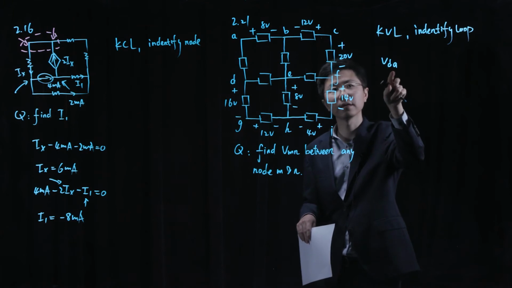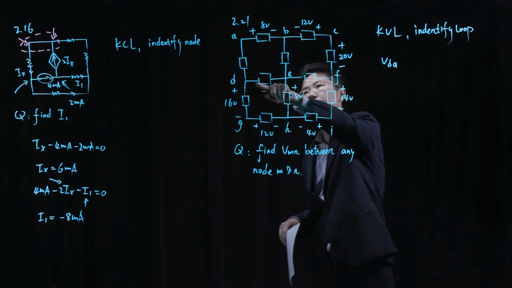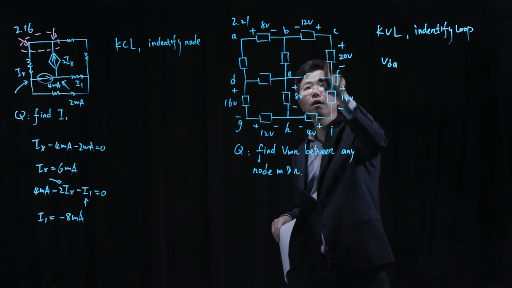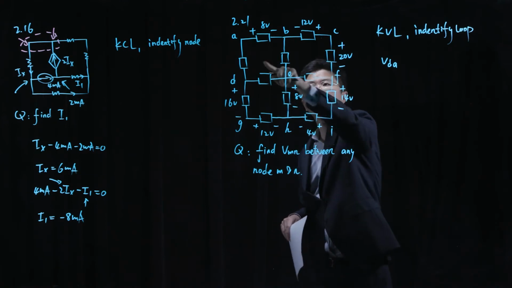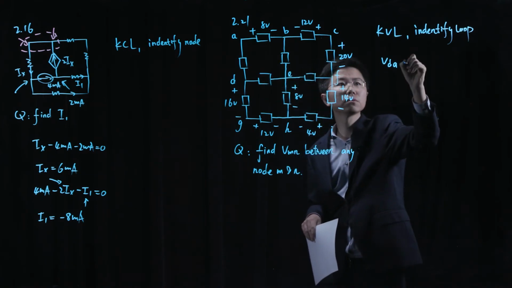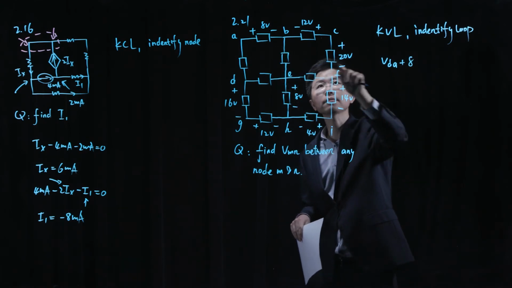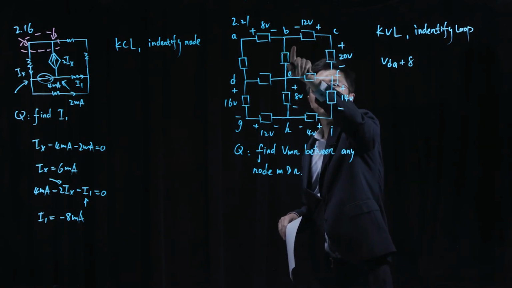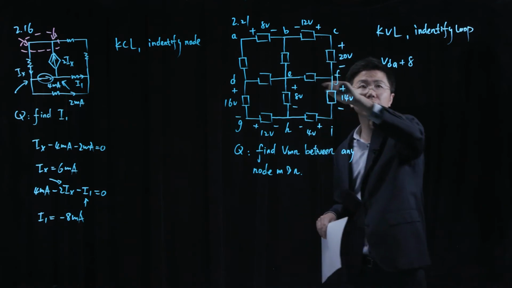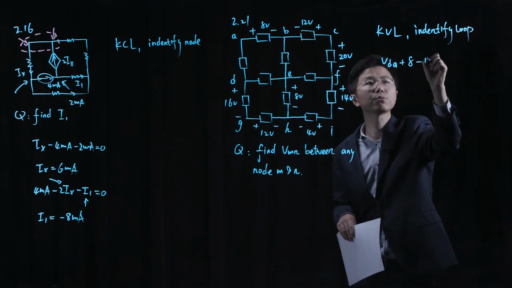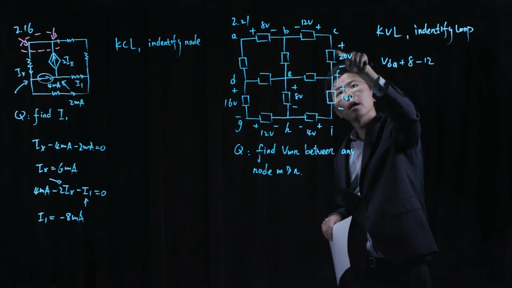So this is DA: D is the positive, A is the negative. Then as we traverse, we have this 8 volt, encountering the positive first. Then 12 volt, but here the reference direction is a negative value, so we have a negative 12.